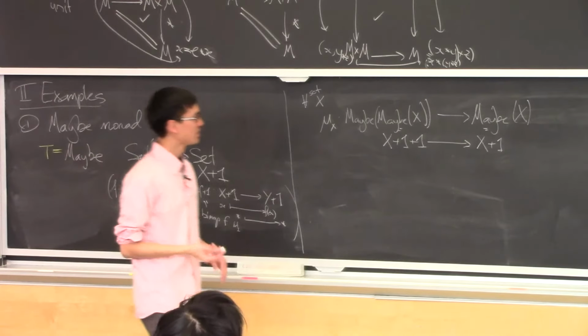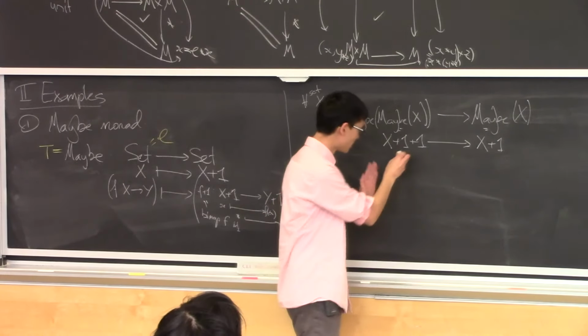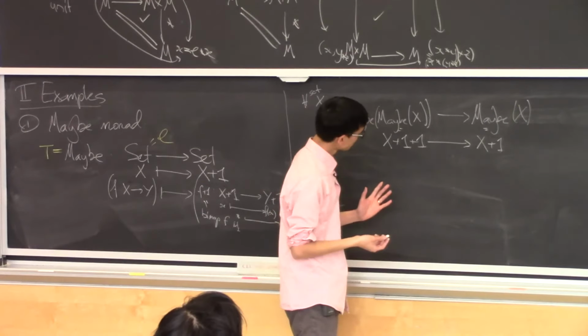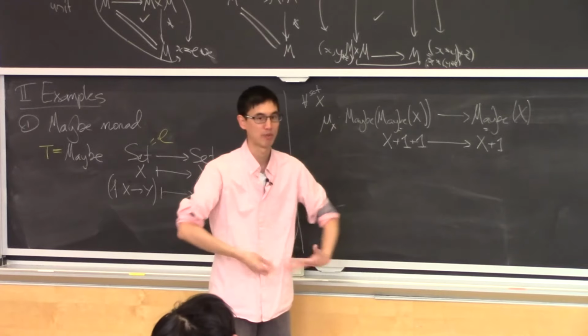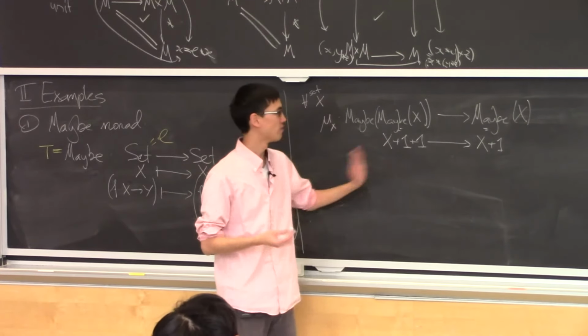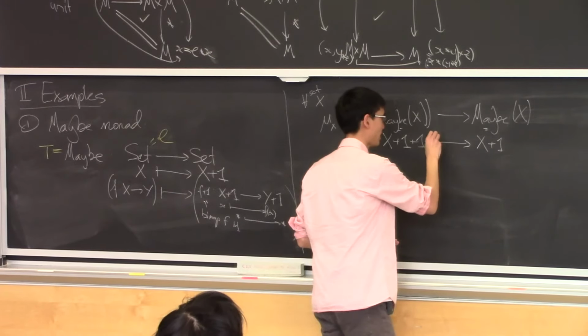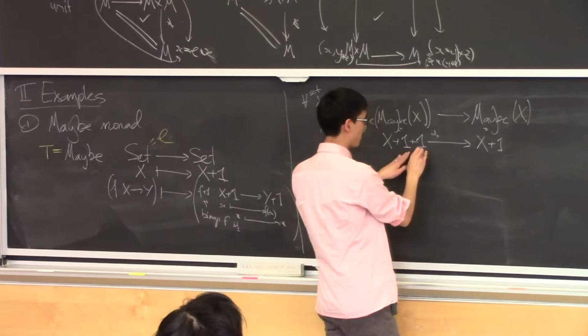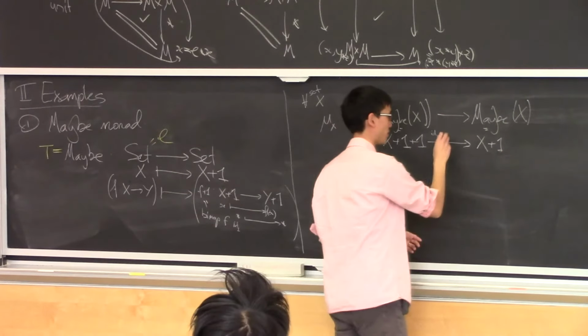How do we do that? Well, to specify it without reference to x, because it's meant to be specified in a natural, uniform way for every x, we can really only do the identity on x and then map these 2 points to this unique point here, because this is the only point we have available to grab.